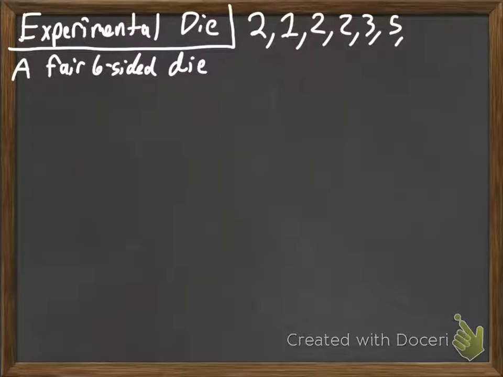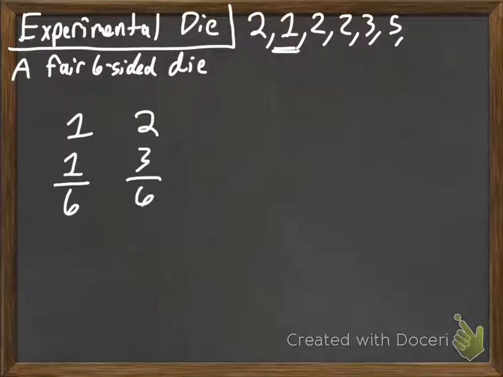Let's look at the experimental probability of getting a 1. With my results, the experimental probability of getting a 1 is 1 out of 6, because I rolled it 1 out of the 6 times. My probability of getting a 2 for my experiment was 3 out of 6, or 1/2, because I had 3 2s.